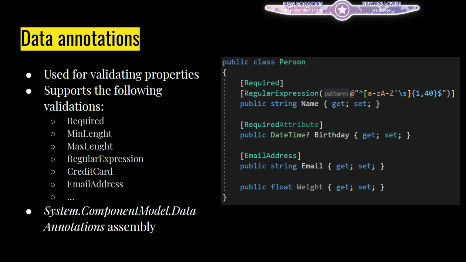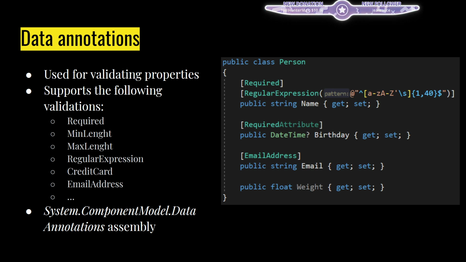Again, a reminder, by itself, if you create a person with invalid name, birthday, email, or weight, nothing will happen. It will not get triggered until it enters a context where the validation happens.